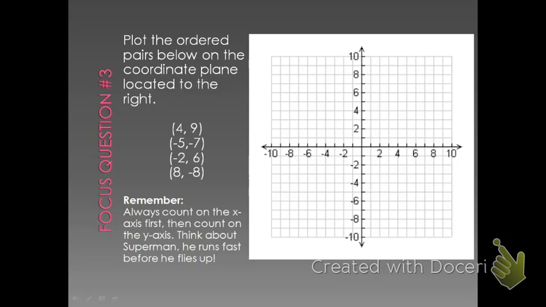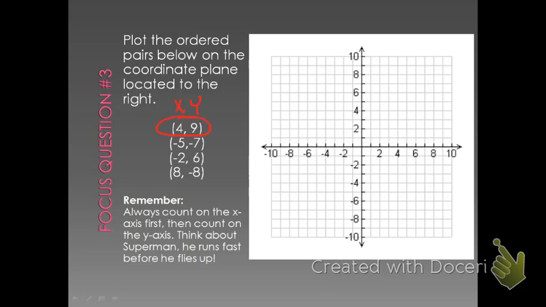So in question number 2, we had to write the ordered pair. In this focus question, we are going to plot these points. Remember that you will always count to the right or left first, and then up and down. So the first problem, I'll go ahead and circle it in red, and we'll plot it in red. Remember, it's always x before y.